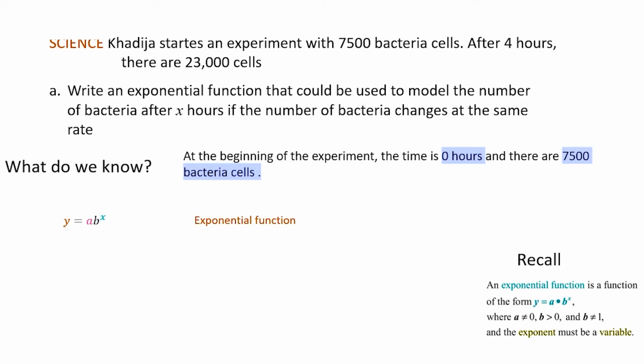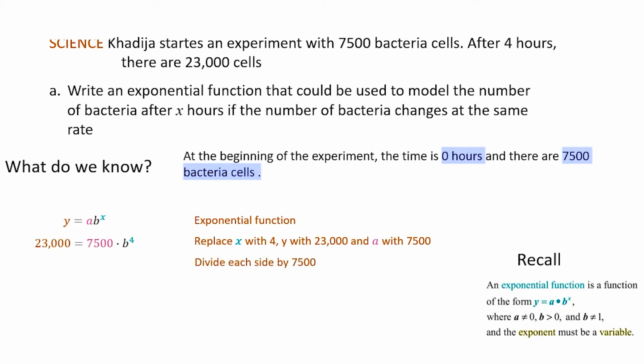Well, we simply need to substitute all the values that we have and belong together. If we use the 4-hour data, which is x equals 4 and y equals 23,000, and also we know that a is 7,500, then we simply need to substitute into our equation and solve it for b.